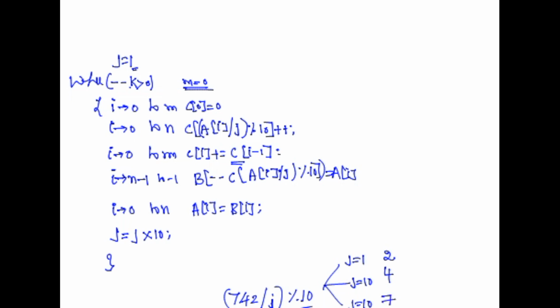So in general, in order to get the kth digit, I need to look at A of i divided by 10 to the power k, and then take percentile 10.